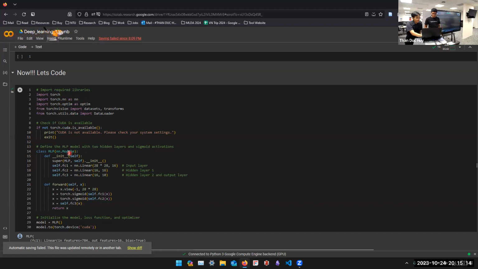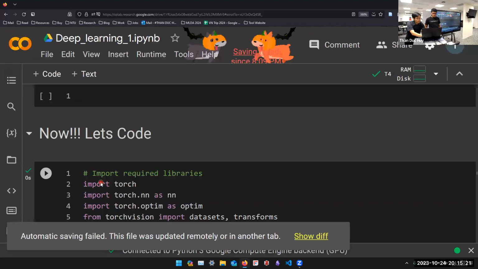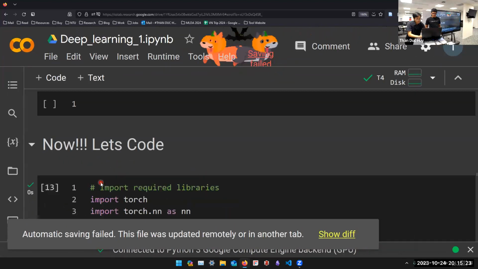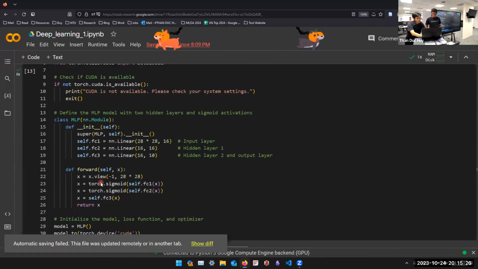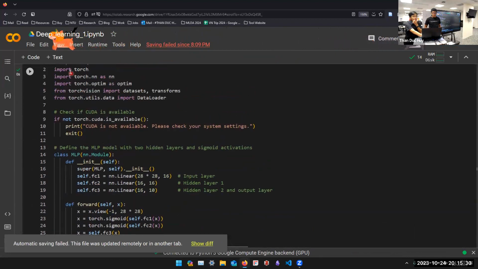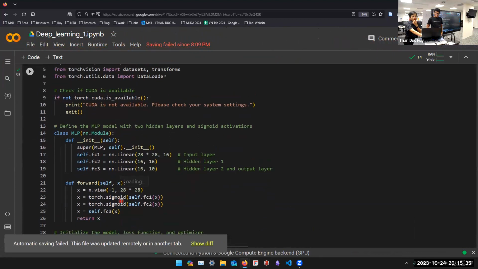So now we are initializing a class that we define as MLP, right? This class is based on top of the PyTorch libraries, and PyTorch gives us a tool to update all the weights at once. And it's done underneath.